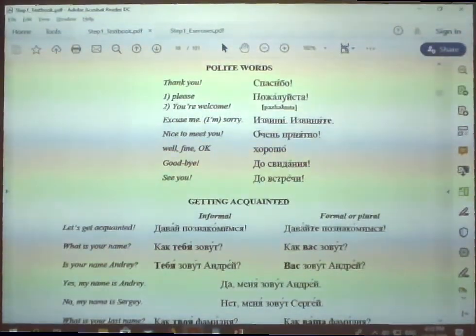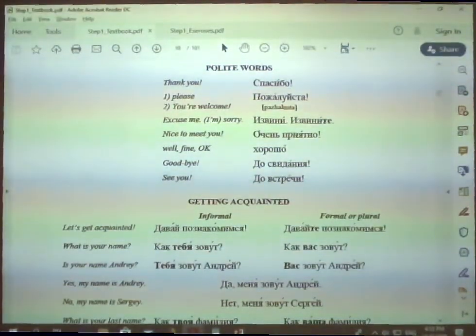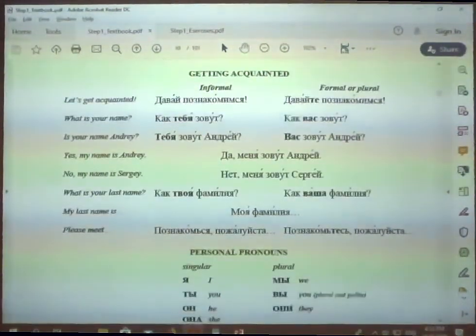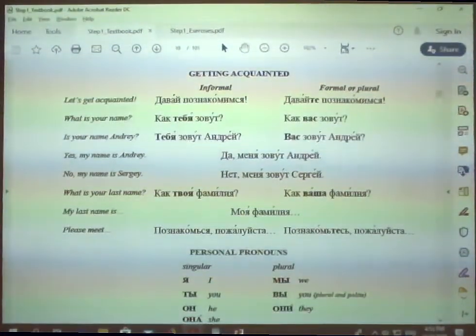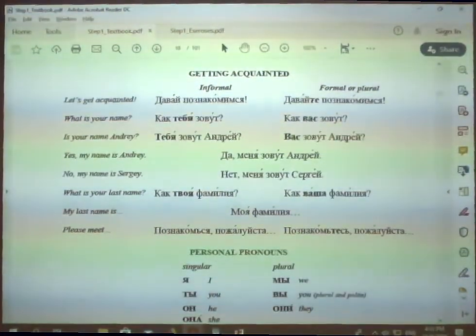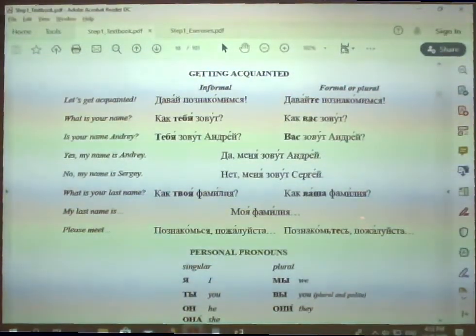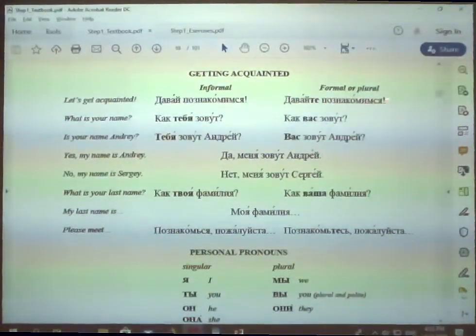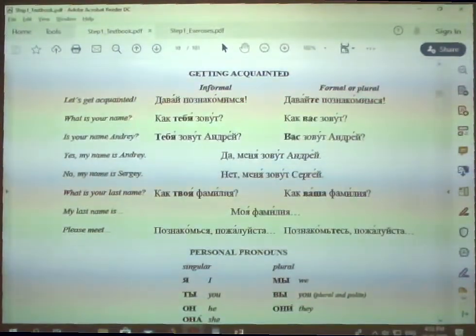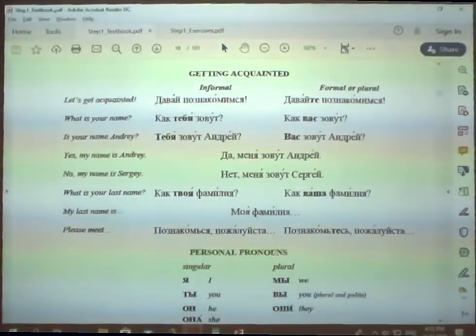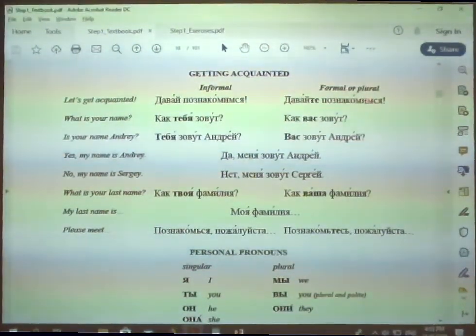Also, here we have phrases that we use when meeting new people. Let's read these phrases together. Phrases are organized into two groups: the phrases that you use in informal situation and phrases that you use in formal situation. So let's see. Давай познакомимся, давайте познакомимся.